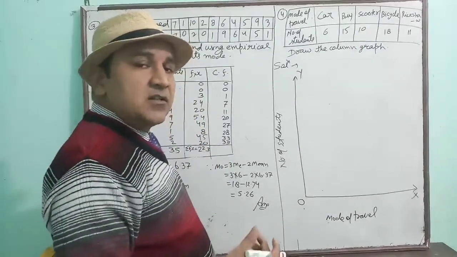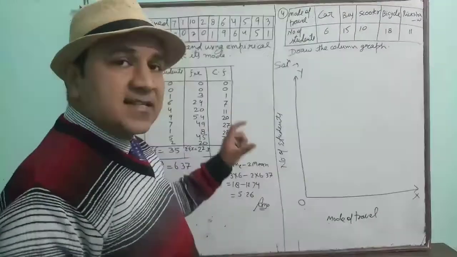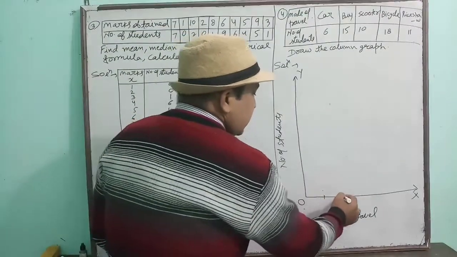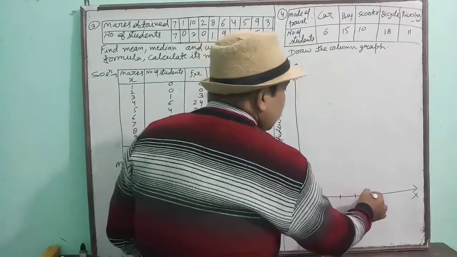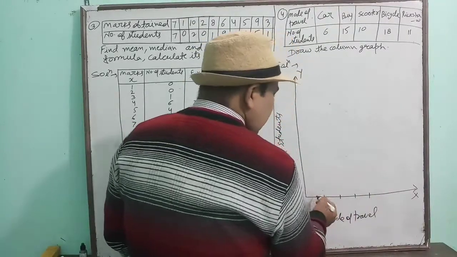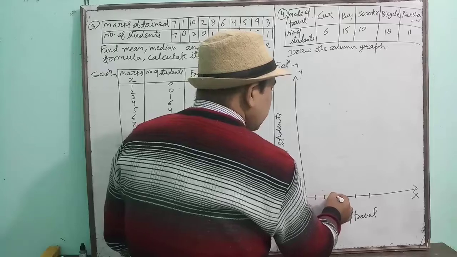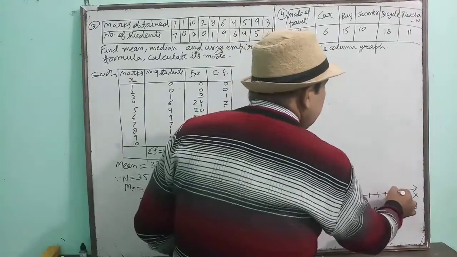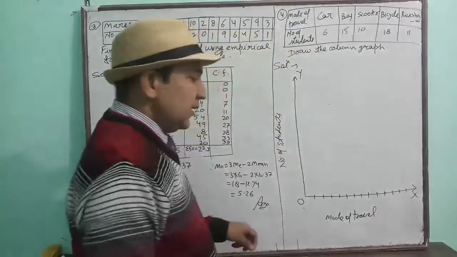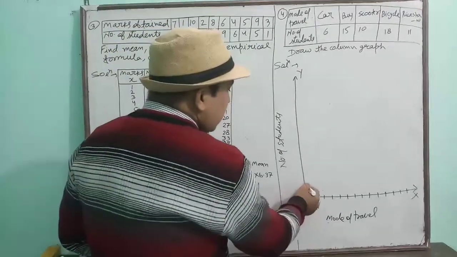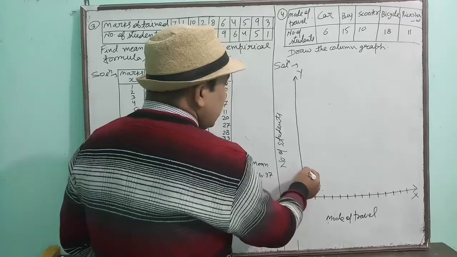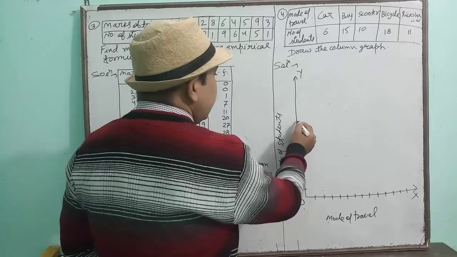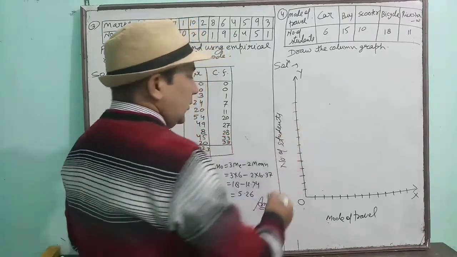After this, children, you have to suppose the scale, because in your graph paper you see the boxes. I am taking the small boxes 1, 2, 3, 4, 5, 6, 7, 8, 9, 10, 11, 12 and so on. Similarly on the y-axis also 1, 2, 3, 4, 5, 6, 7, 8, 9, 10, 11 and so on.